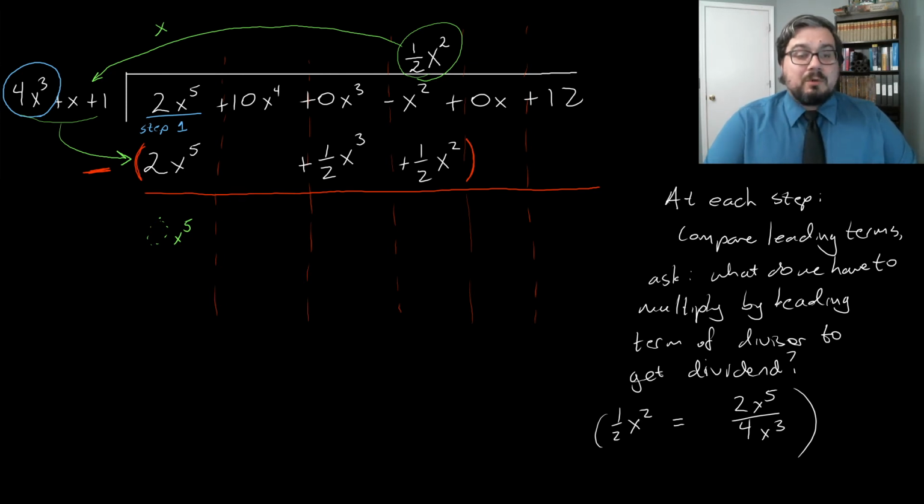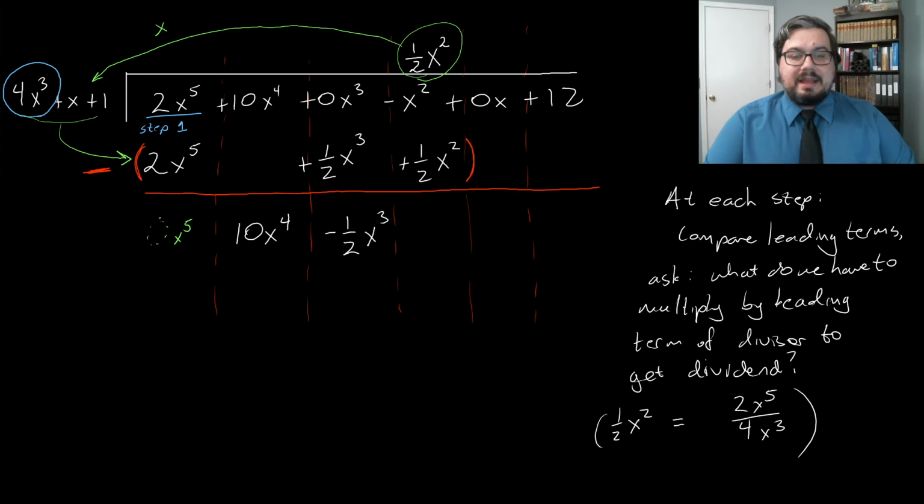Now, at this point, we do have to go column by column, and so the 10x to the fourth term in the dividend doesn't have any like term subtracting it within the red parentheses, so it just comes down. 10x to the fourth minus 0 is 10x to the fourth. And then we've got 0x cubed minus 1/2 x cubed gives us negative 1/2 x cubed.